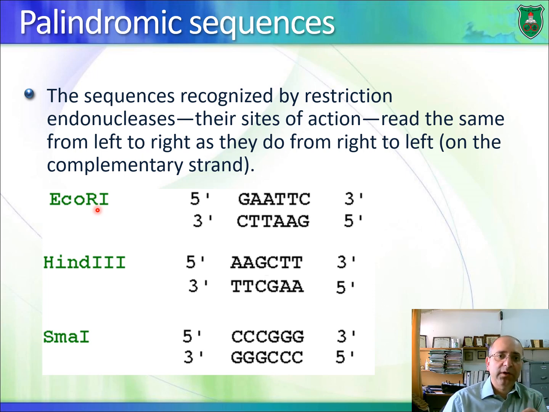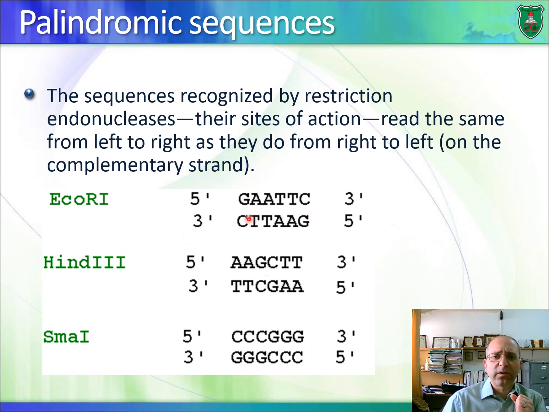E. coli has several different types of restriction endonucleases, one of them known as EcoR1. E. coli, by the way, is a bacteria that exists in rotten meat and can cause fatality if meat is rotten.